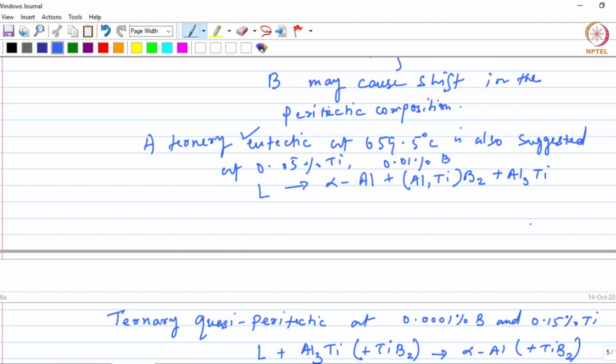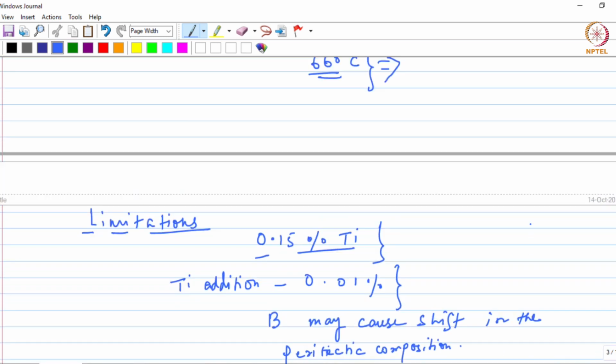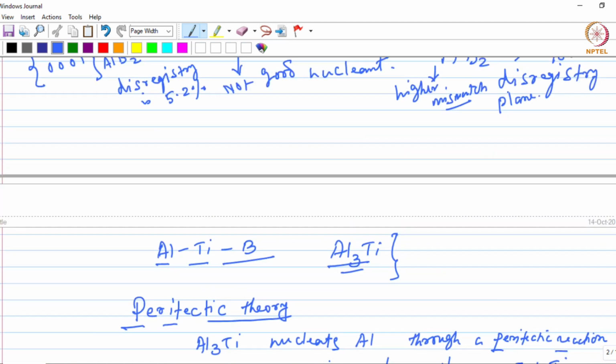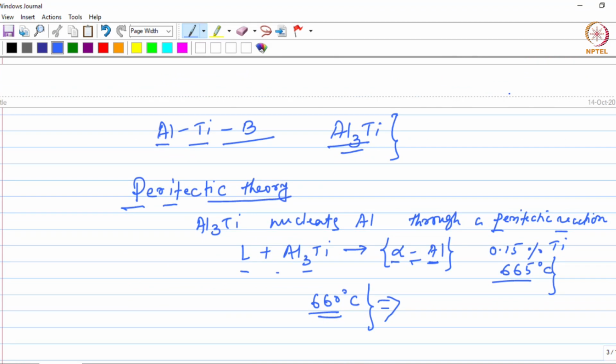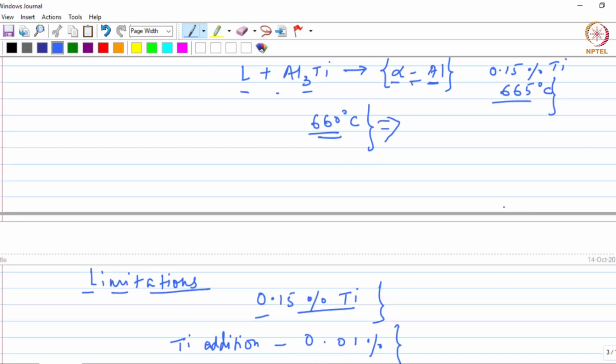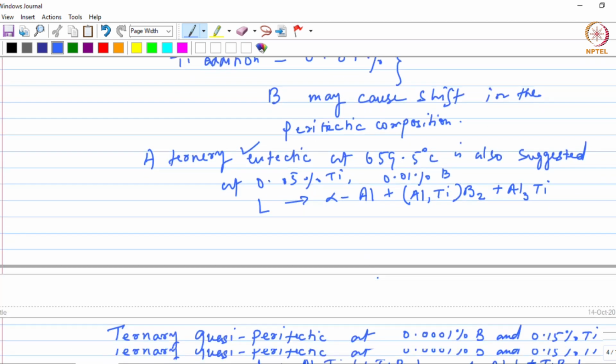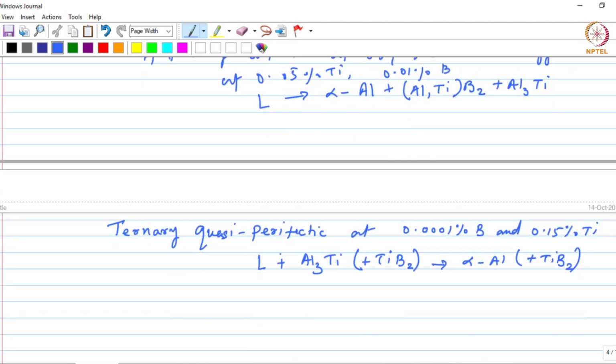Right, so these are the different ways by which the heterogeneous surface can be generated, and different theories are proposed to explain that, right? So it could be a simple peritectic reaction, it could be a eutectic, a ternary eutectic, or it could also be a quasi-peritectic, right? So all these reactions will lead to the heterogeneous surface, which will nucleate the aluminium.